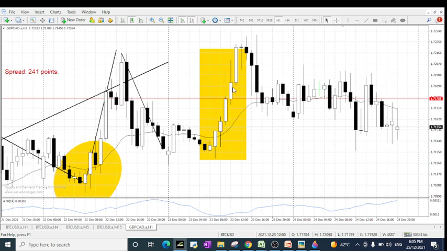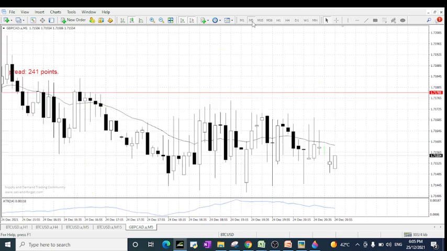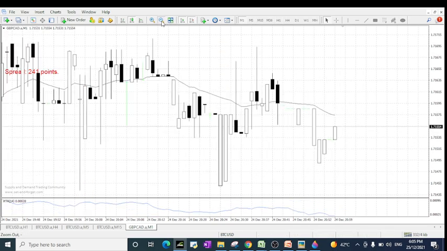So what does this look like on a lower time frame? Let's go to 1 minute chart, for example.